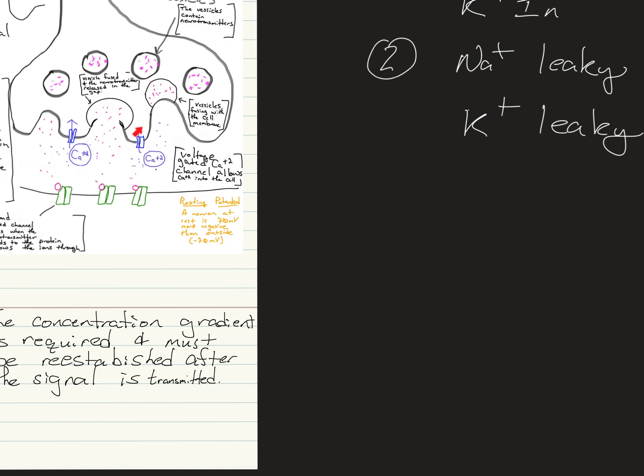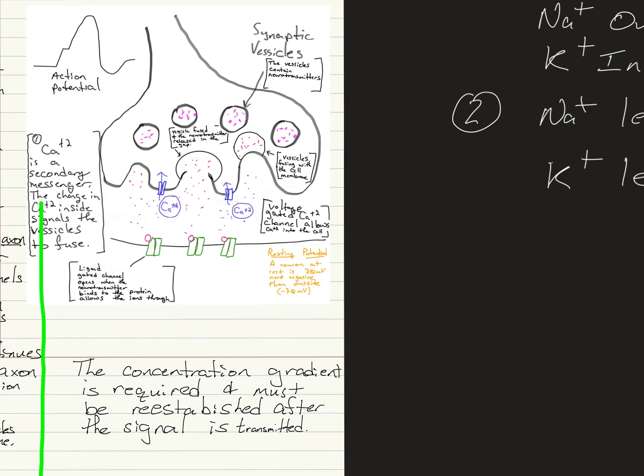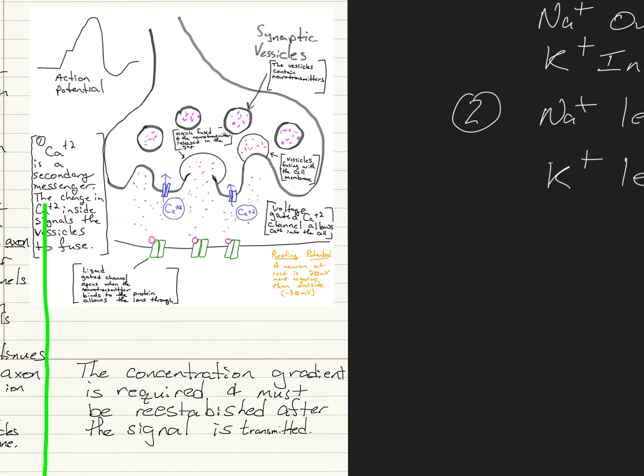As calcium rushes in, these vesicles that hold the neurotransmitter for the next cell, at the end of the cell, these neurotransmitters are created. They're inside vesicles. They're sitting there waiting to be released. This calcium influx binds to the vesicles. It forces them to release into this synaptic gap.